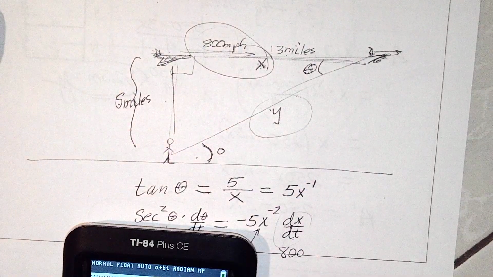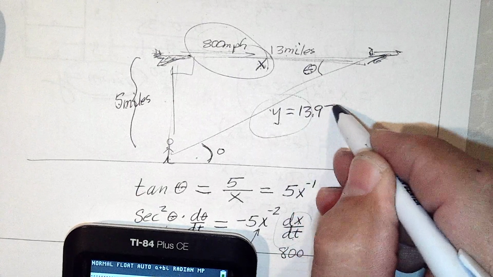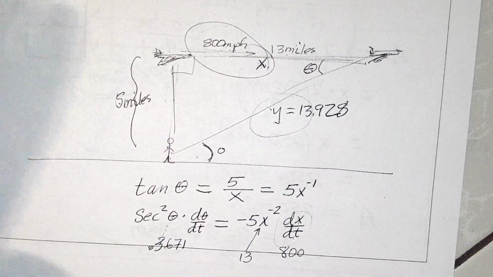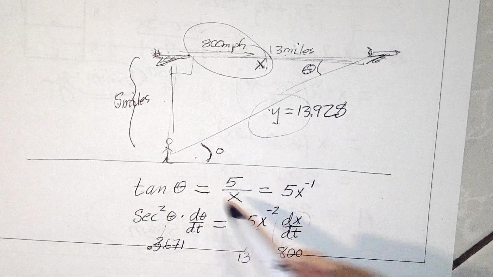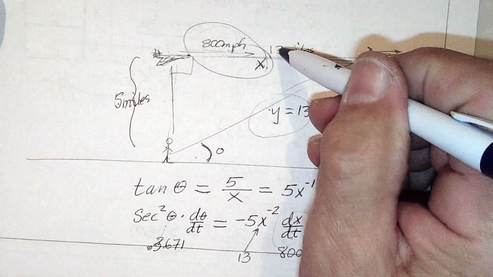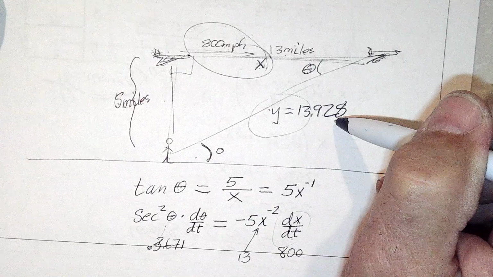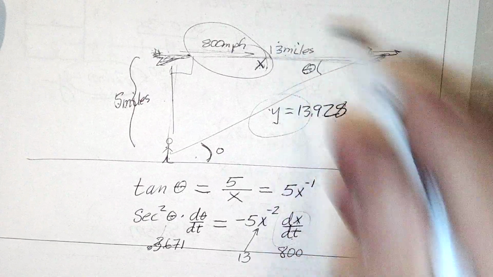And this side is 13.928. So secant's 1 over the cosine, or the cosine is 13 over 13.928. So the secant is 13.928 divided by 13.